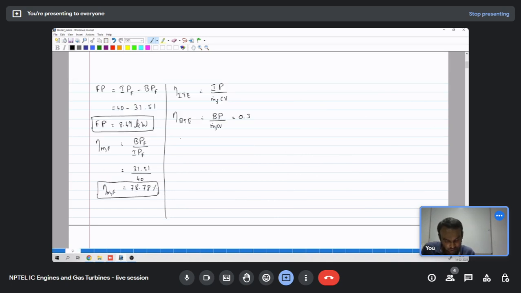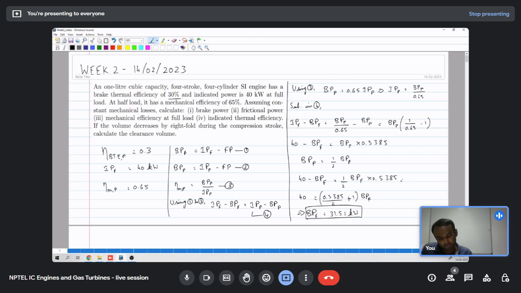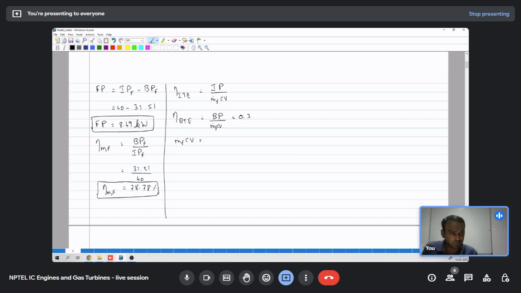So that means m dot f into CV is equal to... this is at full load, right? 30%, yeah, at full load condition. Anyway, we will calculate the indicated efficiency also at full load. So m dot f into CV is brake power divided by 0.3.